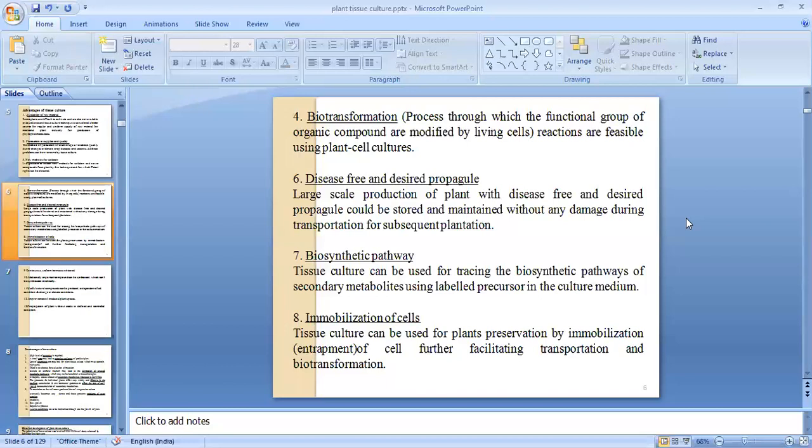So when you are doing like this, what are all the advantages? You can avoid the loss of the cell, you can avoid the loss of the enzyme, so you can stabilize your cell or an enzyme for a longer time. The stability can be maintained for a longer time. So this immobilization will preserve the cell as well as facilitate the transportation and biotransformation. Okay, this immobilization of cells you will be seeing in detail in the later classes.